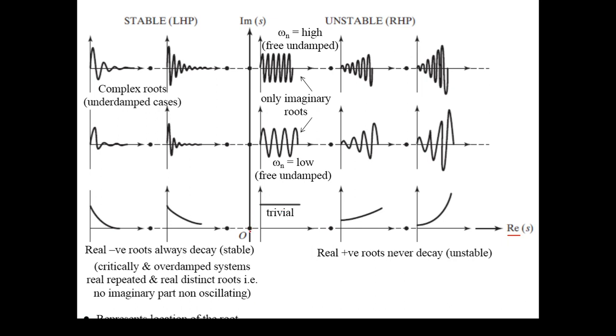So this black dot represents this response, this black dot here represents this response, whereas this black dot appearing here represents this response, and so on in this entire figure. There you can see that there are a lot of black dots plotted on this diagram, and each one of them represents the value of a root of your system, and thus you can have a lot of information about the response by looking at these roots.